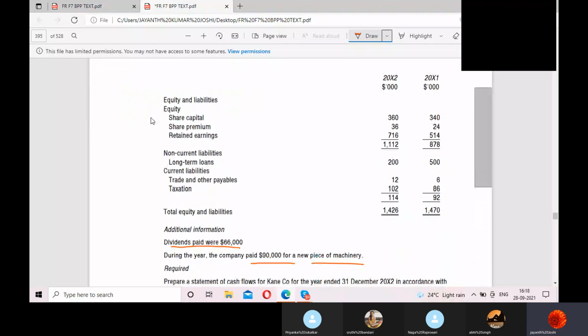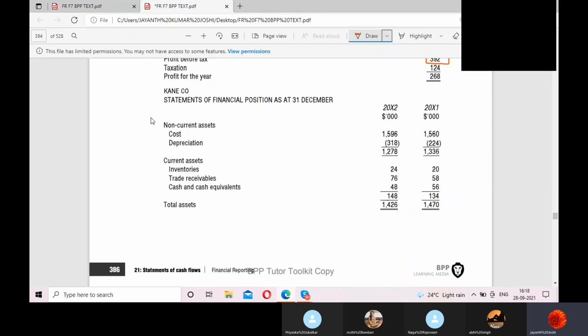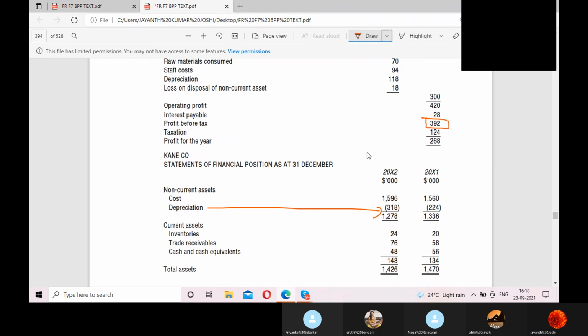Whenever you are going to see the figure of depreciation in the statement of profit or loss, you should also see whether in the balance sheet they have given accumulated depreciation or not. So there is some accumulated depreciation given here. And the depreciation given in the income statement is this.